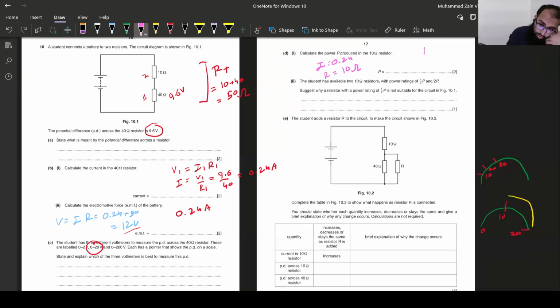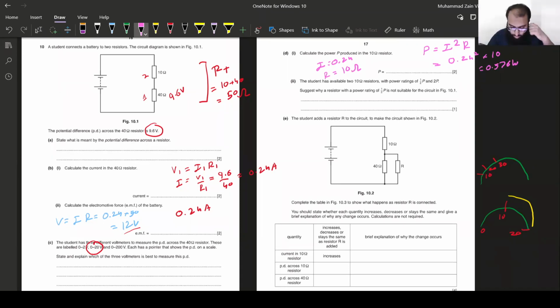So I can simply use the formula power equals I squared R, which gives 0.24 whole squared times 10. I think Ali has answered it. It comes out as 0.576 watts.